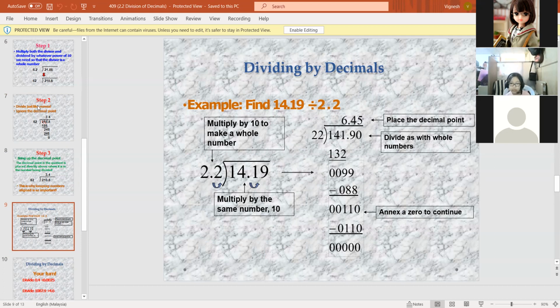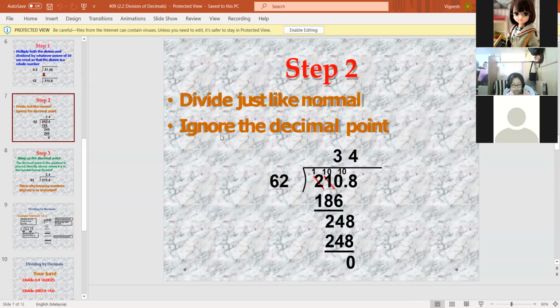Okay, even in the just now example one, even though teacher never showed it, even though you don't want to follow step 3, you automatically should know that you have to follow the decimal line up. So you automatically should know that here is the decimal point. Understand or not?